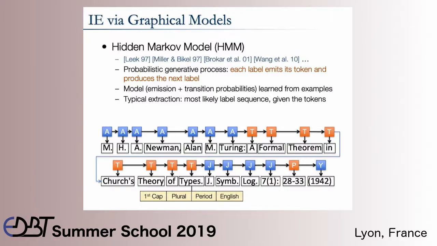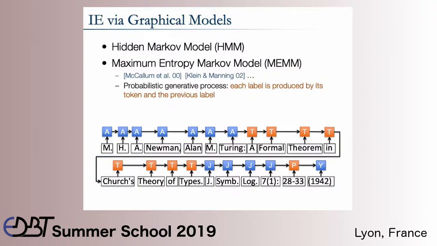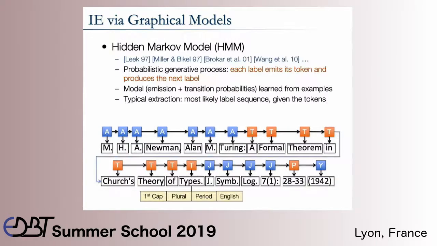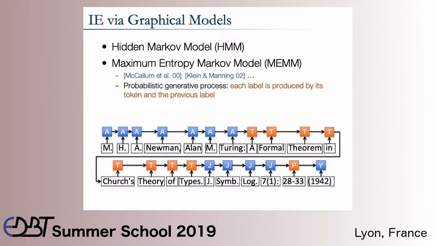Then, if you accept this way of modeling the problem, people have been asking, why do we need to take this way of generating the tokens? We can also look at it the other way around. The tokens, or the words of the sentence, are the ones who produce the hidden state, the state that we do not see.